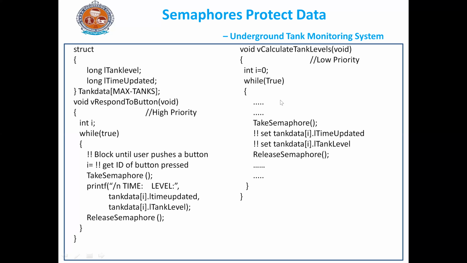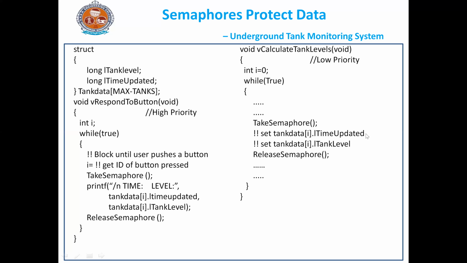So how can we protect the data? You can use the semaphore concept. While setting these two values, before that, here we will take the semaphore. So that's why take semaphore. Once the semaphore is held by this task, now set tank data of I dot time updated.